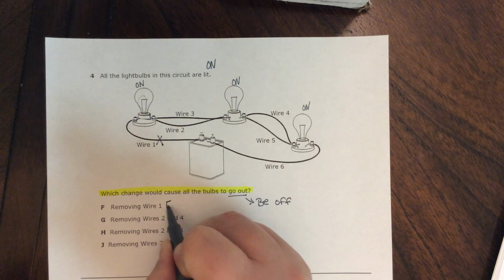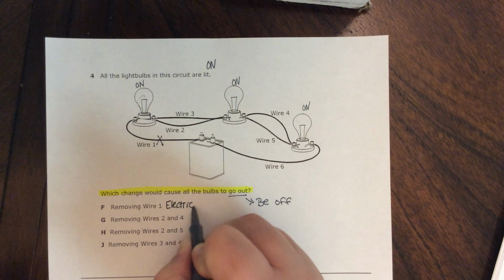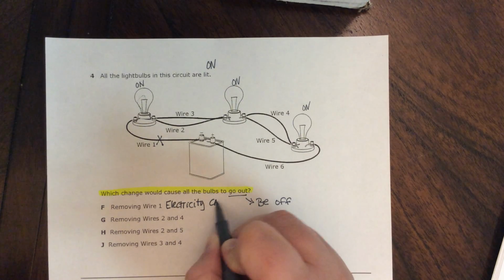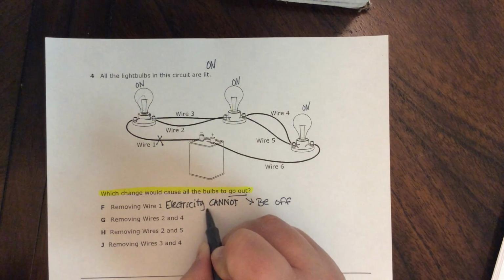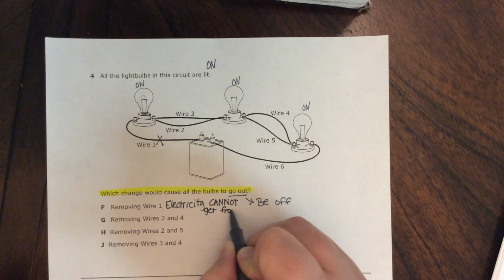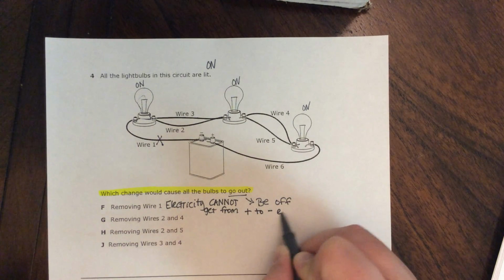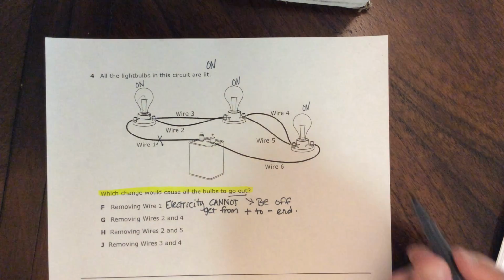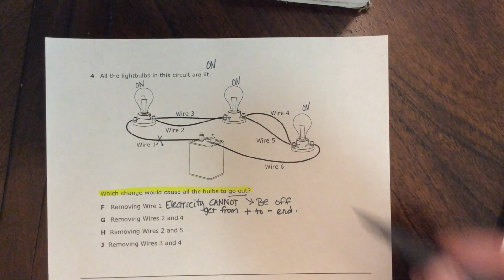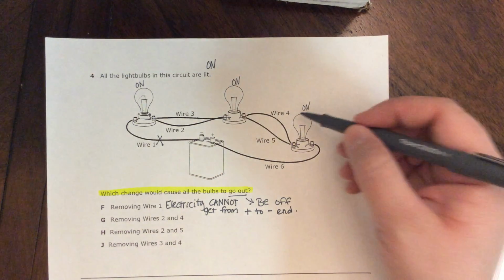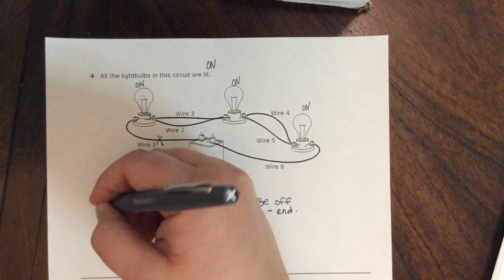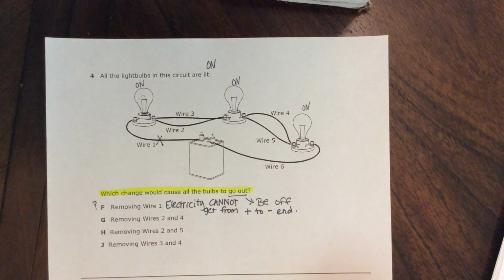So the electricity cannot get from positive to negative end. Okay, so that means that the light bulbs would not be working. They would all be off in that case. So this might actually be our answer choice.